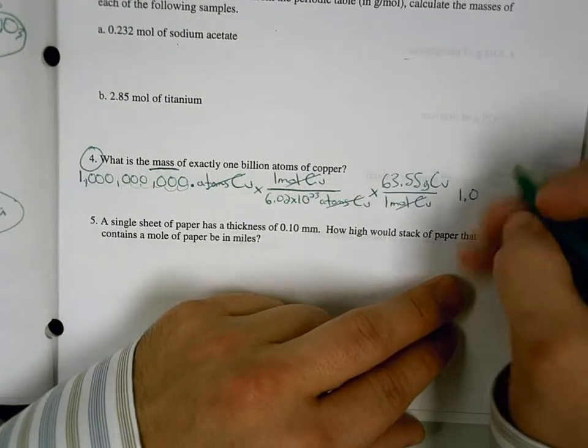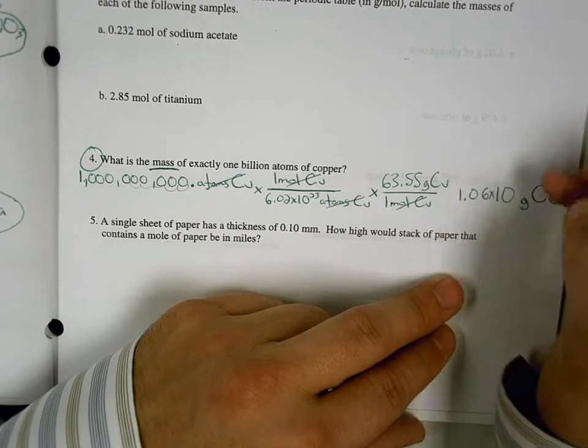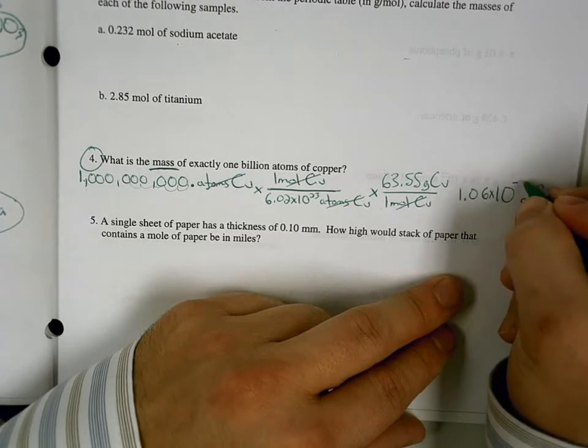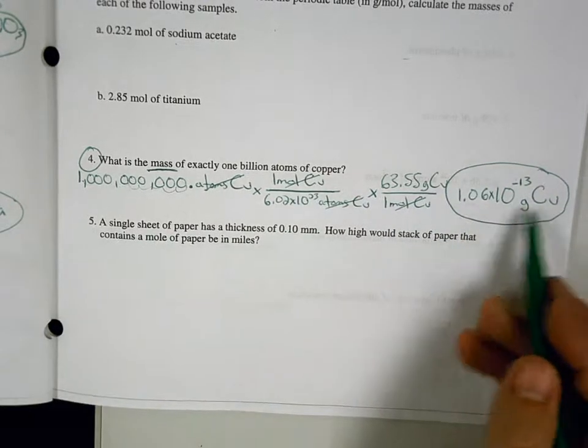Really, we'd have a lot of sig figs. I'm just going to go to 3 here. 1.06 times 10 to the negative 13th grams. So this would just be a small mass of copper.